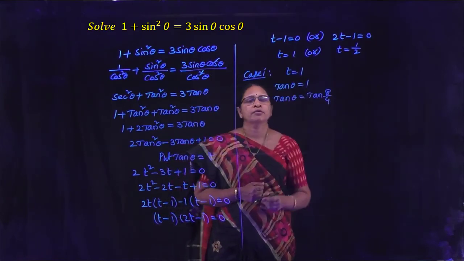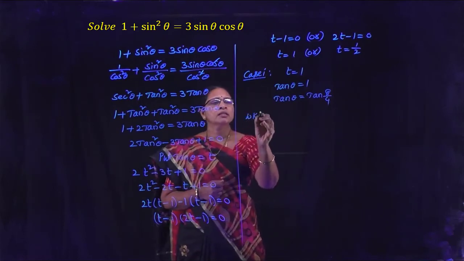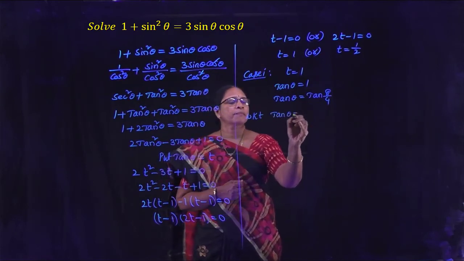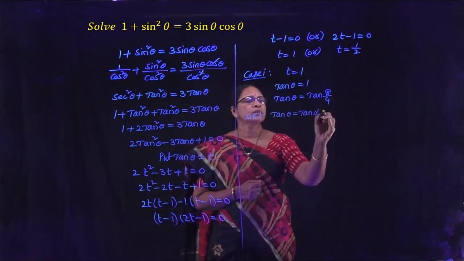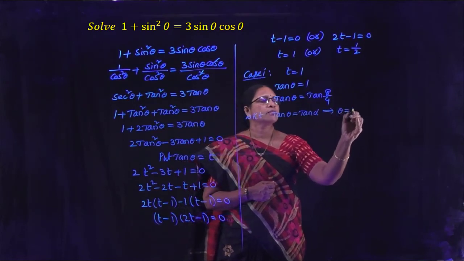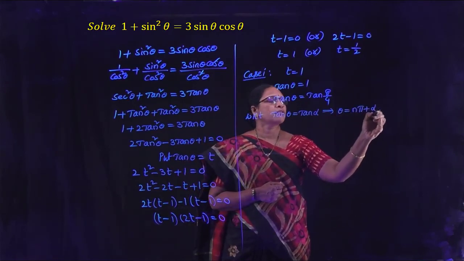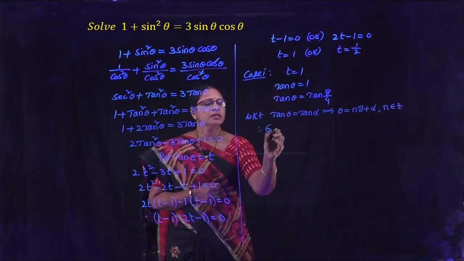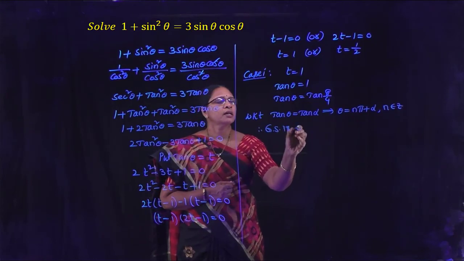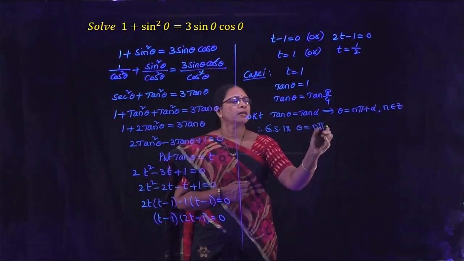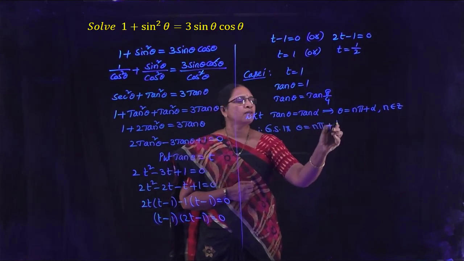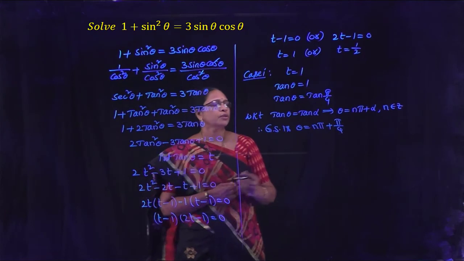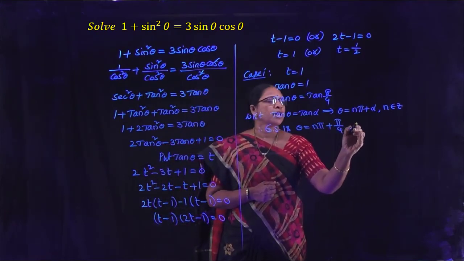We know that the general solution for tan theta equal to tan alpha is theta is equal to n pi plus alpha, where n belongs to Z. Here alpha is pi by 4. So the general solution is theta equal to n pi plus pi by 4, where n belongs to Z.